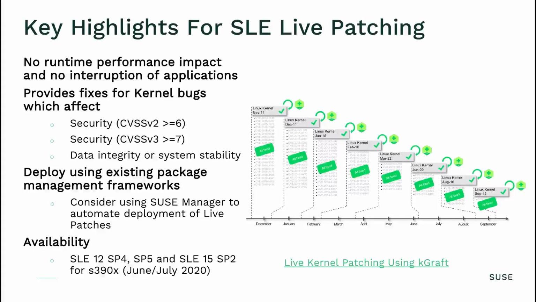SUSE also is looking at issues that affect data integrity and system stability. In either of those cases, if we find a kernel issue that is affected or could affect you in either of these areas, then we will provide a live patch as well.